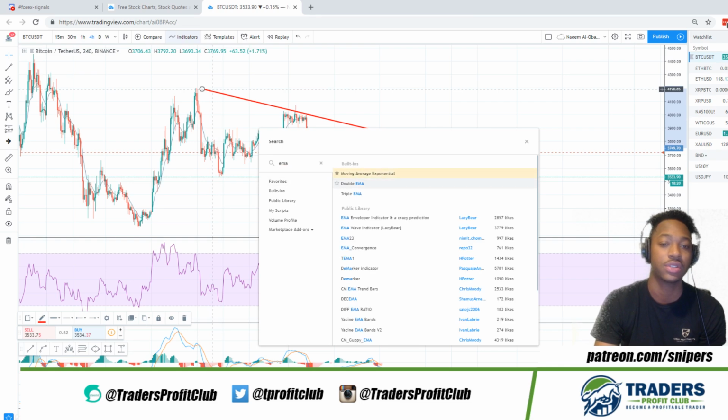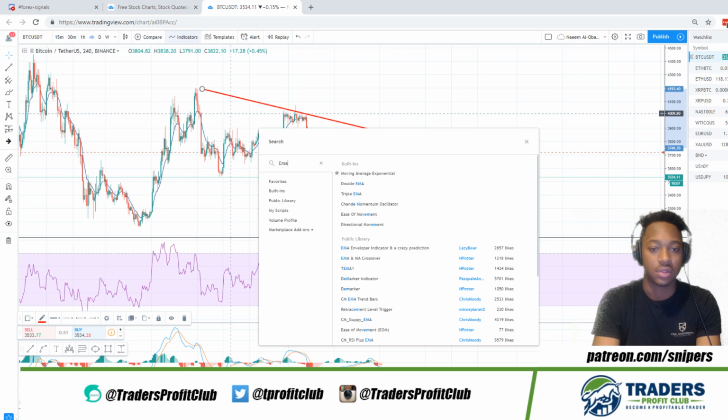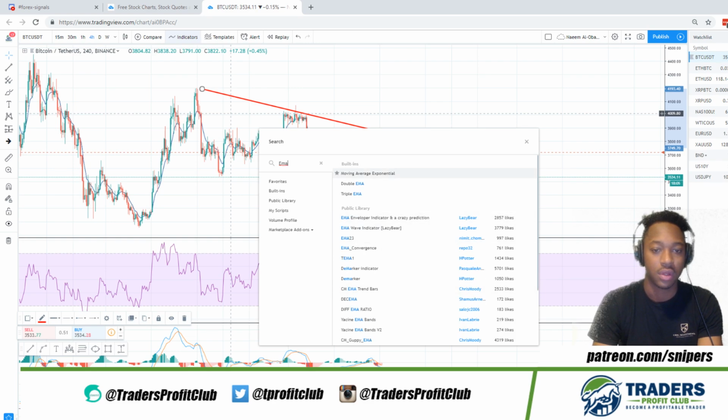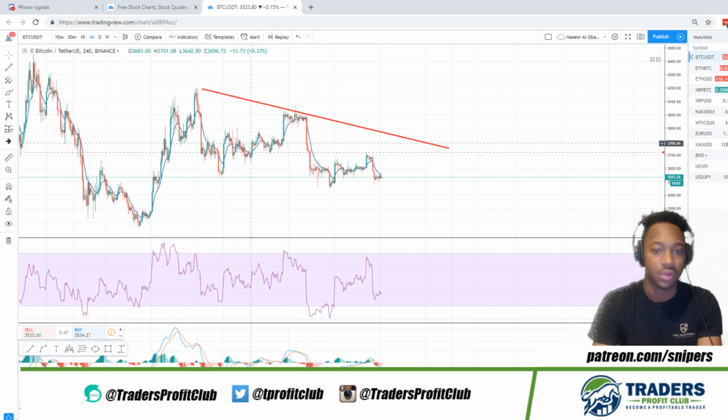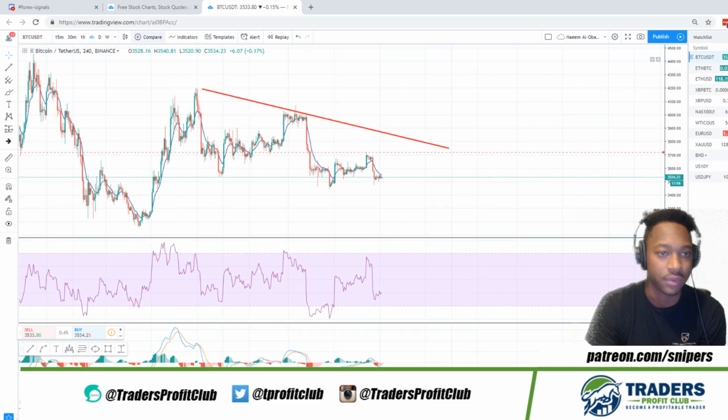The EMAs are going to give us an understanding of where price is going to be for the next couple of days if we look at it from the 4-hour chart. So I'm going to use the... there we go. It looks like we already have the 240 EMA, but I'm trying to get the 200 EMA.